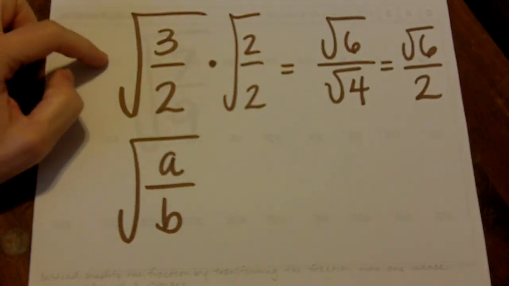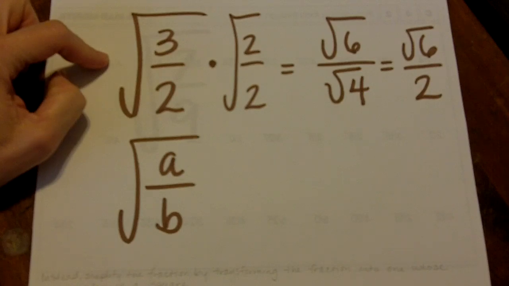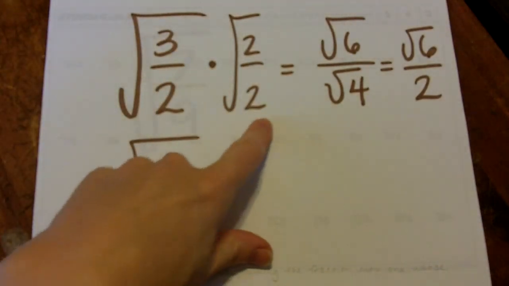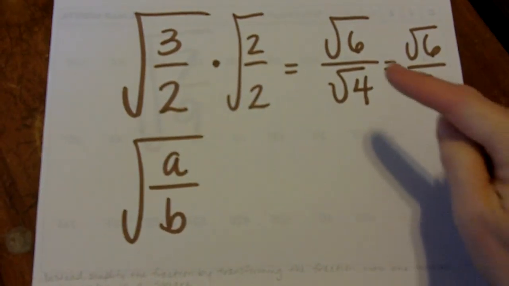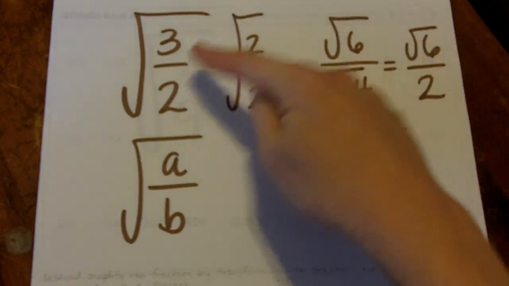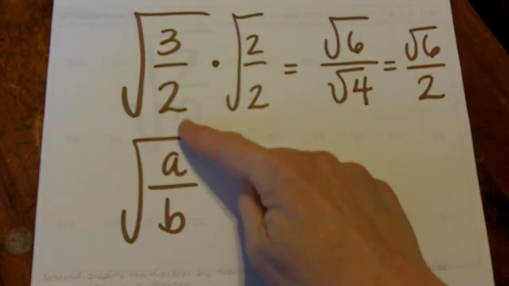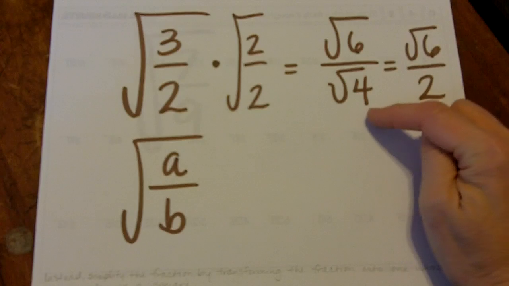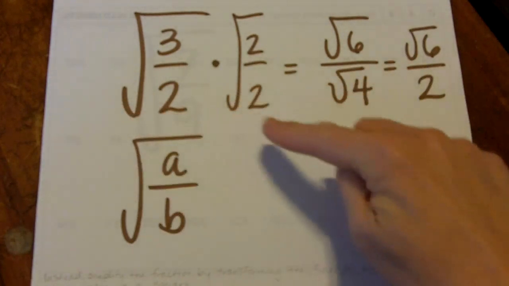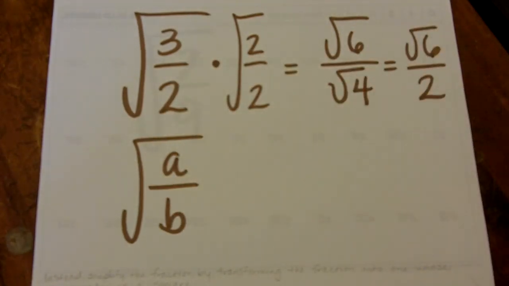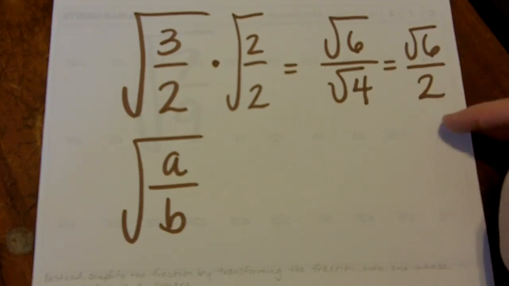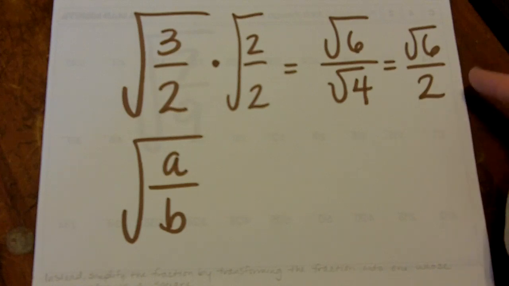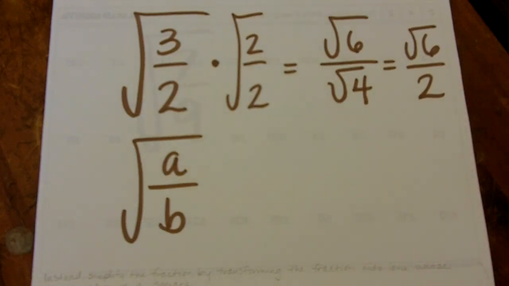The square root of 3/2 could be multiplied by the square root of 2 over 2, which would give us the square root of 6, because 3 times 2 is 6, over the square root of 4, because 2 times 2 is 4. Since they're all under the radical, your answer remains under the radical. And of course, the square root of 4 is 2, so we can leave our fraction in this form, the square root of 6 over 2.